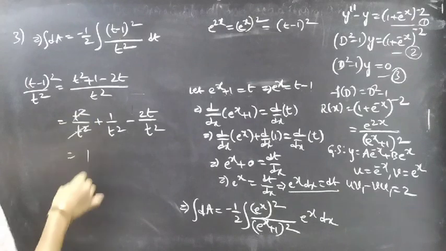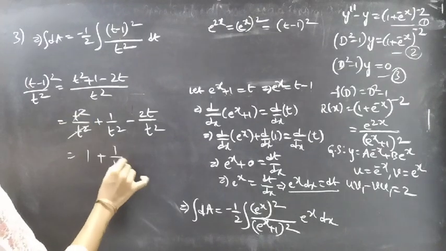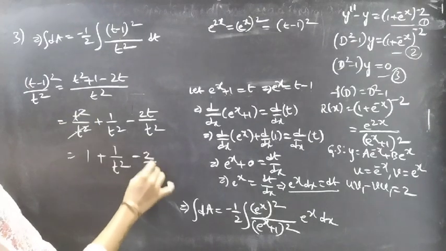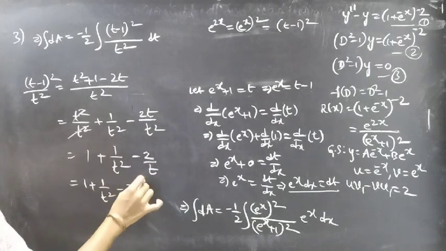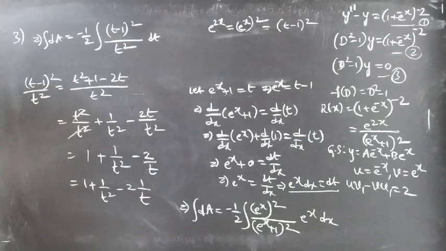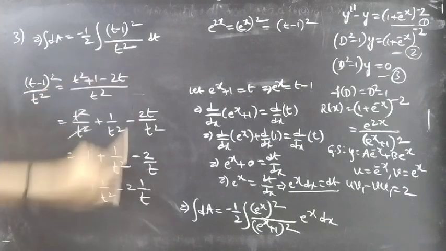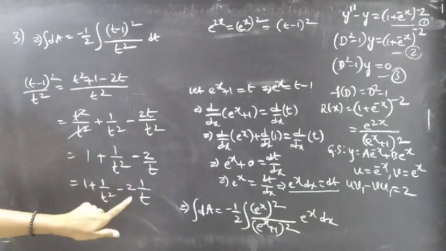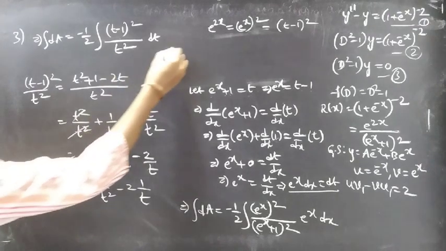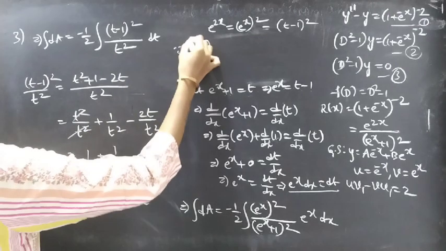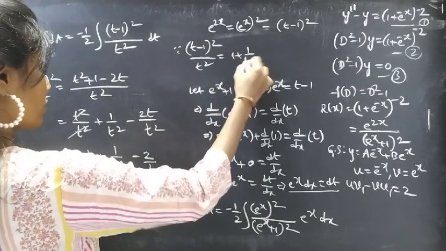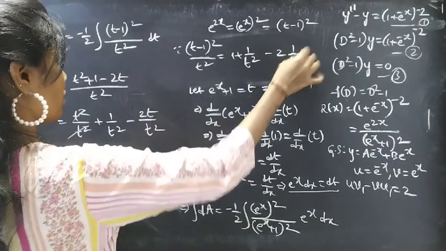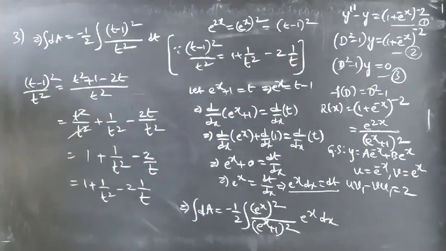T square gets cancelled, you'll get 1 plus 1 by t square minus 2 by t, or 1 plus 1 by t square minus 2 into 1 by t. Just replace the integrand with 1 plus 1 by t square minus 2 into 1 by t, since t minus 1 whole square by t square equals 1 plus 1 by t square minus 2 into 1 by t.